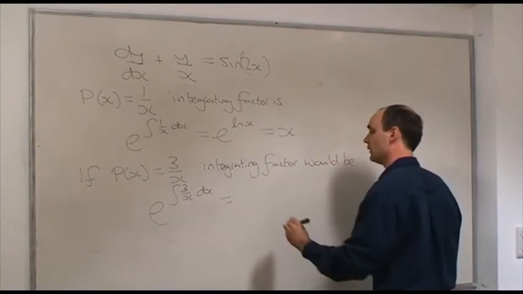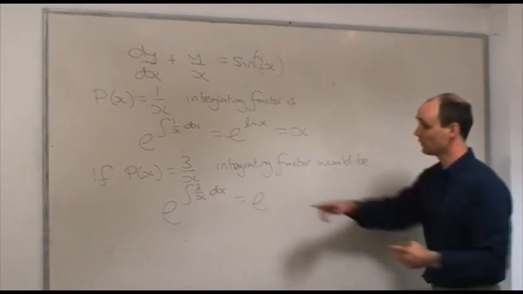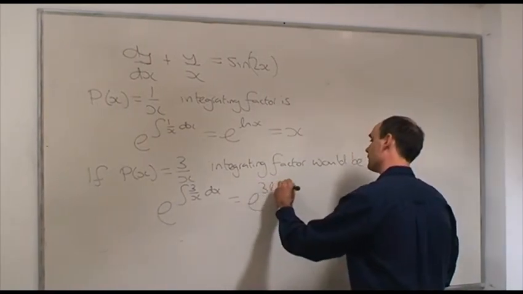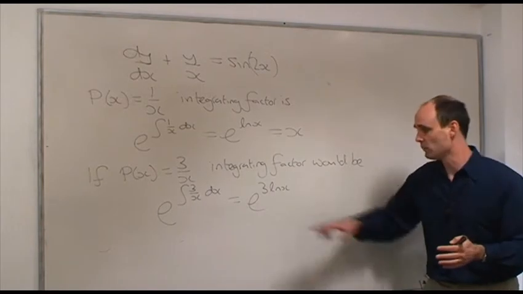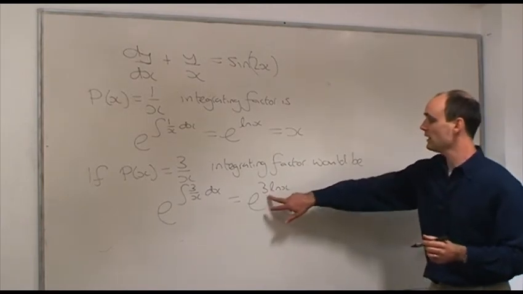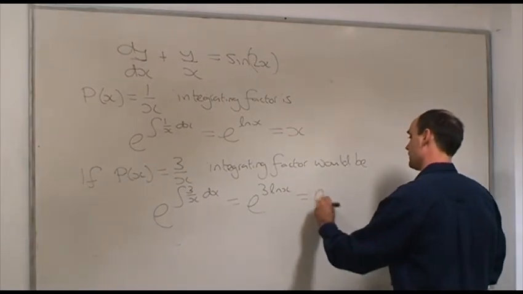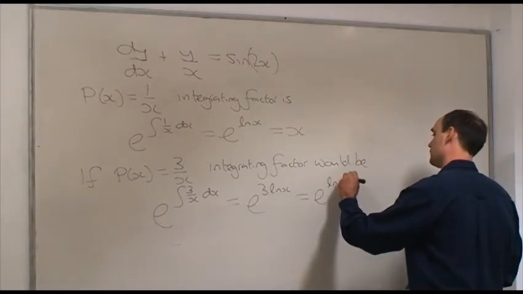So that's equal to e to the power of, now, the integral of 3 over x dx is 3 times the logarithm of x. So you need to remember your rules for manipulating logarithms. 3 times the logarithm of x is the logarithm of x cubed. So this is e to the power of the logarithm of x cubed.